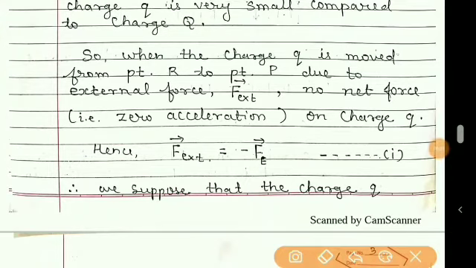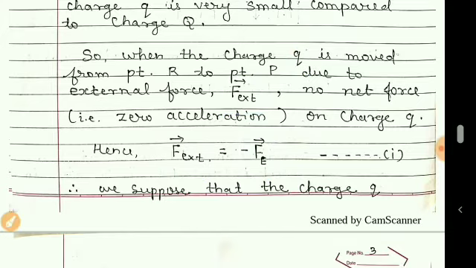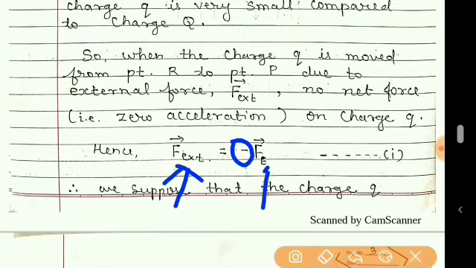So here this charge Q is moved due to this external force. Already the electric force is acting on it, and due to this external force, which is equal in magnitude but opposite in direction, and that's why there is a negative sign here, because these two forces are equal in magnitude and opposite in direction.